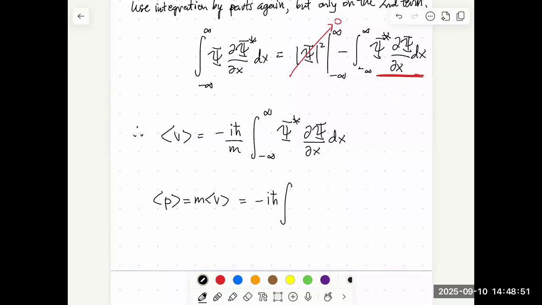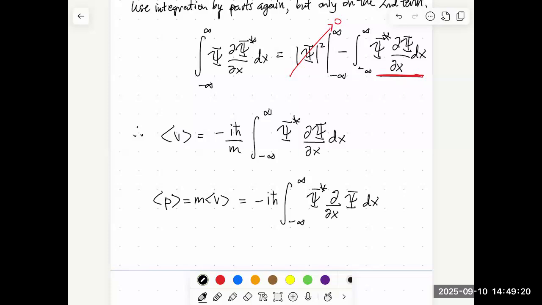The integral from minus infinity to infinity of phi star d phi dx dx. And so we could stop here and say, look, once you have found your wave function by solving Schrodinger's equation, you would just do this calculation and that's going to give you the expectation value of the momentum.